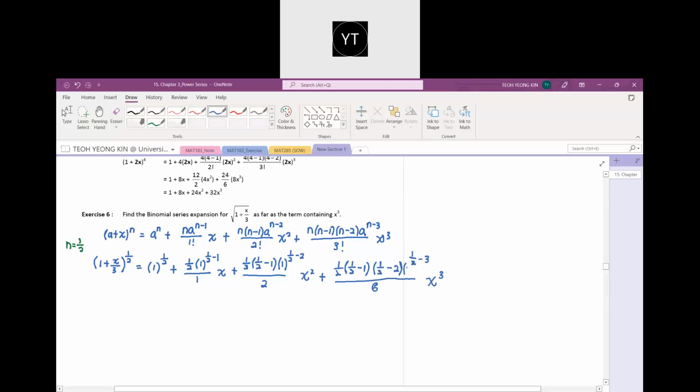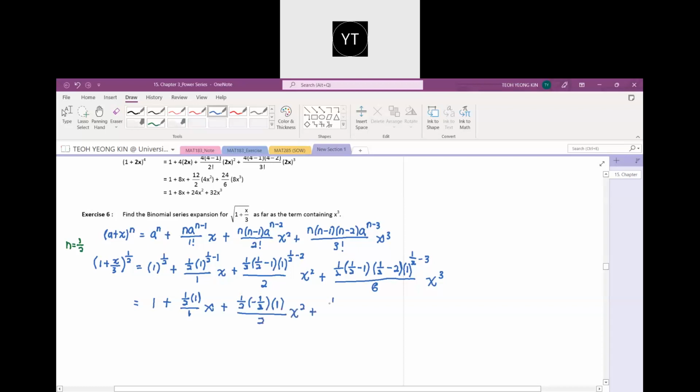Just remember one formula and then we just substitute. If a is 1, then we substitute 1. So 1 to the power of 1 over 2, and 1 to the power of any value is 1. Plus 1 over 2, 1 to any power is 1, over 1, x. Plus 1 over 2 times (1 over 2 minus 1, which is negative 1 over 2), 1 to any power is 1, over 2, x squared.